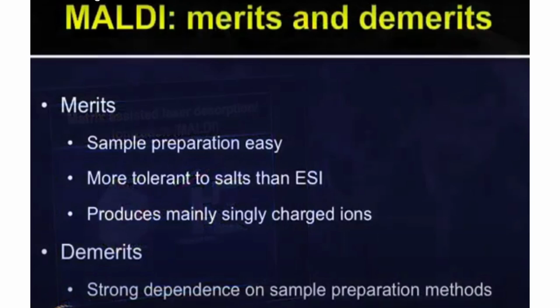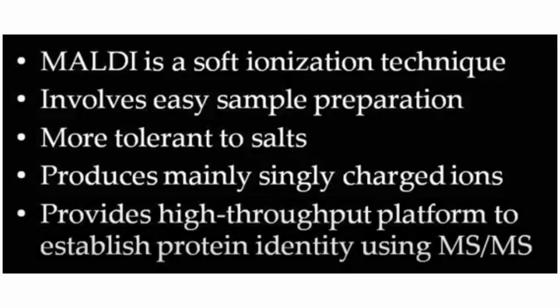What sample preparation method you are using, your MALDI results will differ. So only one specific method should be used for all the samples so that it is replicated properly. So MALDI is a soft ionization technique. It involves easy sample preparation, is more tolerant to salt, produces singly charged ions, and provides a high throughput platform to identify a protein using MSMS.